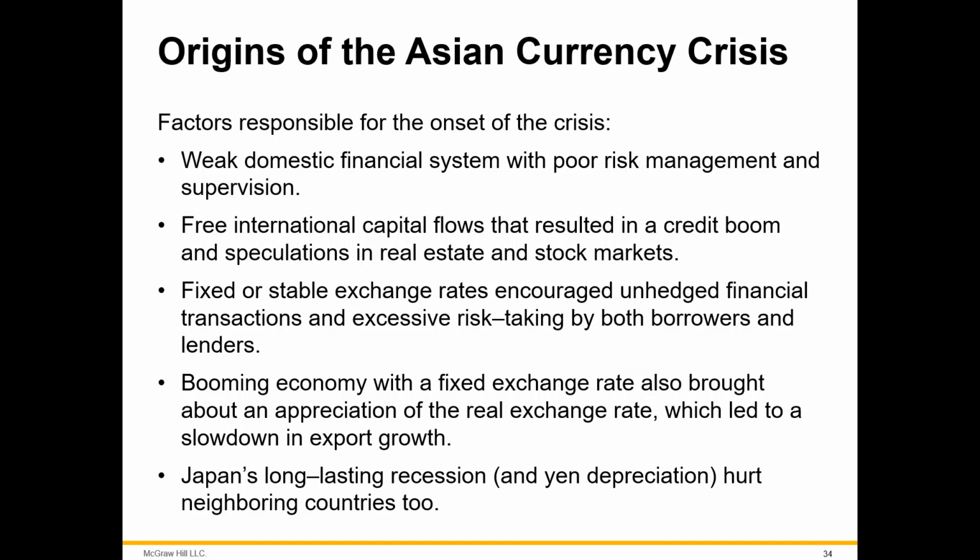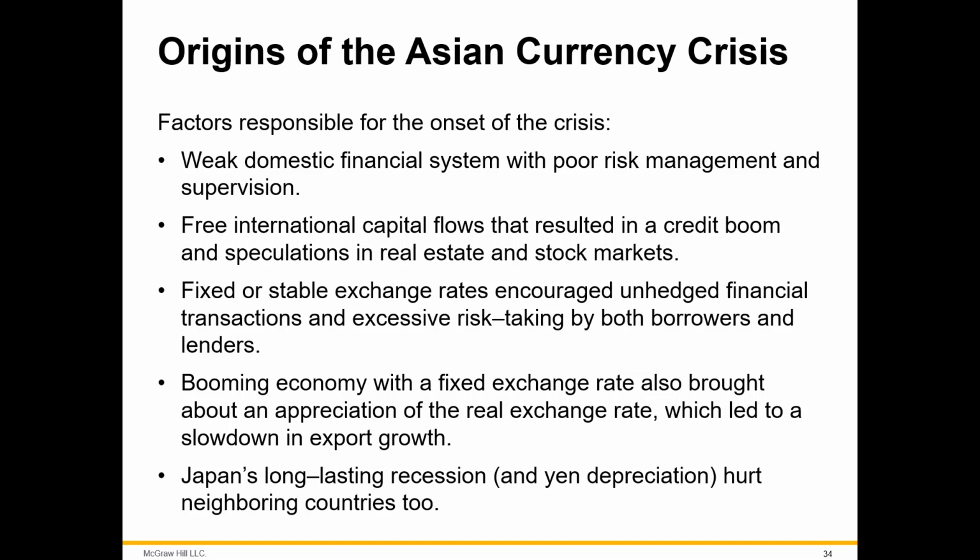So you get a credit boom because you can borrow effectively in foreign currencies and speculate on real estate and stocks. And so you have foreign borrowers buying baht, transacting in the currency, and not worrying about exchange rate risk because of the peg.